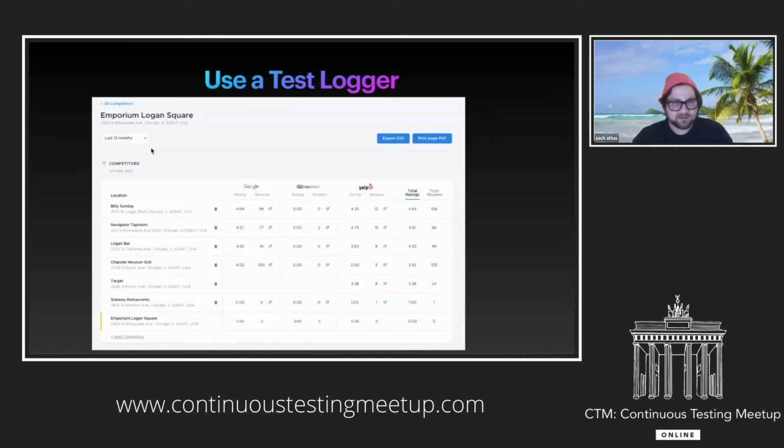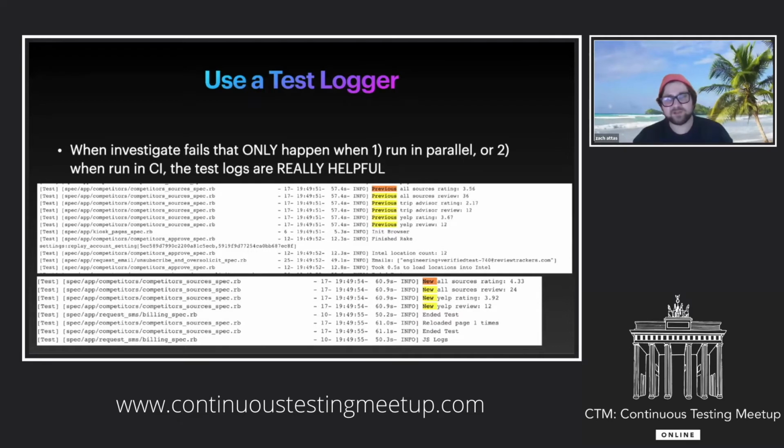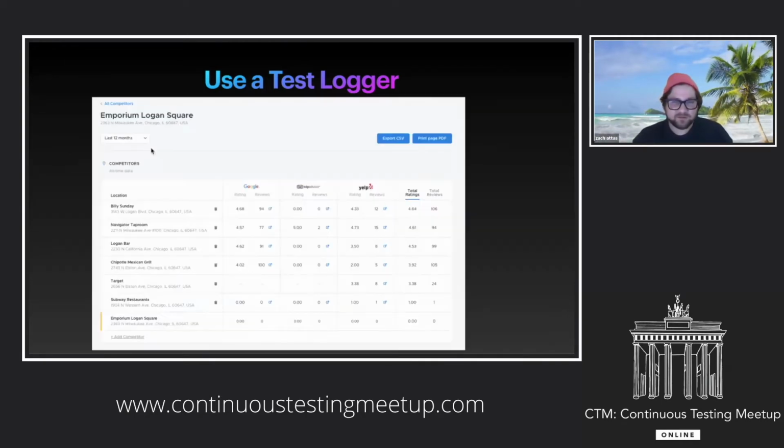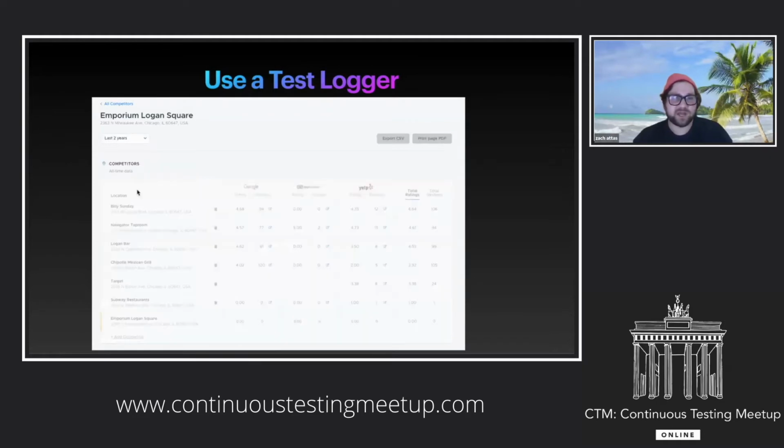I'm going to skip this slide. I'm just showing some examples of things that I've decided to log out to help me investigate certain fails in CI. We had a scenario where the data wasn't changing when we would change the time period on this chart.